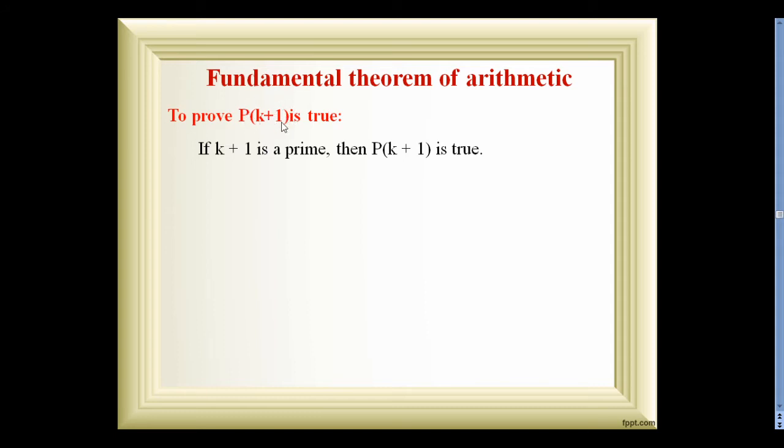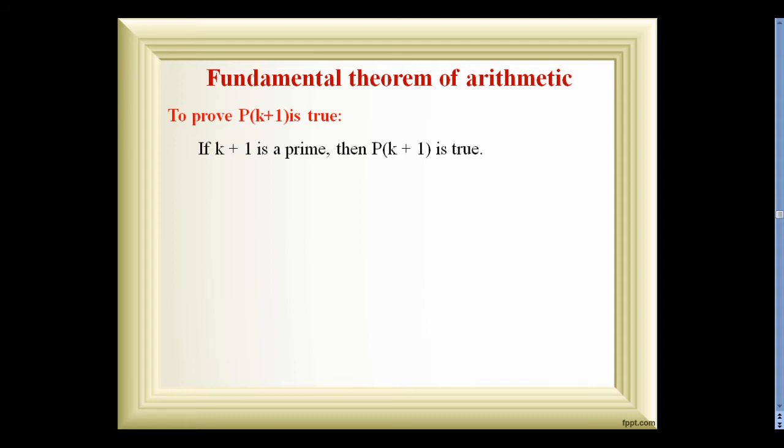In mathematical induction, we prove for n equal to 1, then n equal to 2, then for the nth term. But here we cannot take 1 because that is not a prime. So we have started from 2, which is obviously a prime.